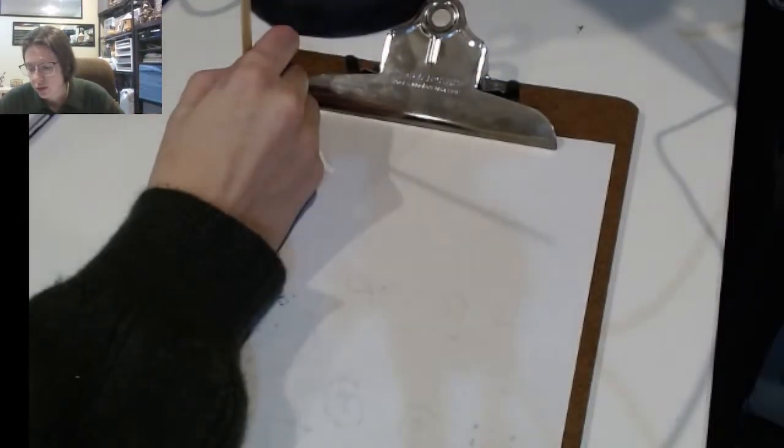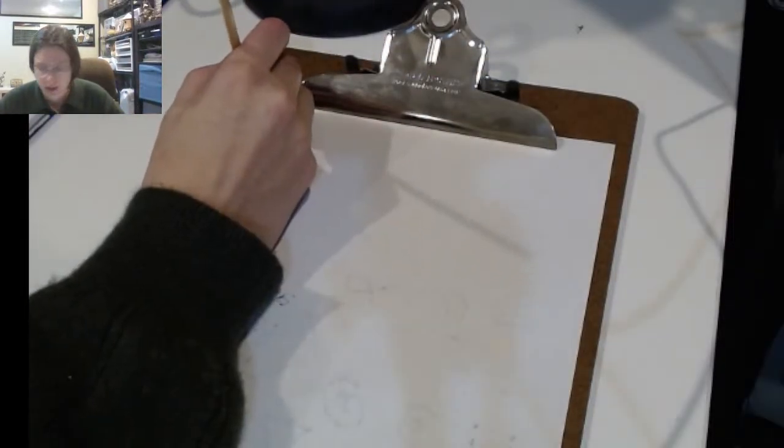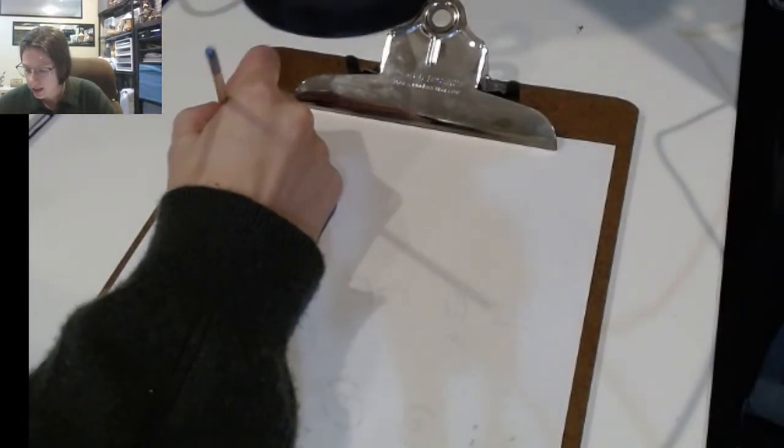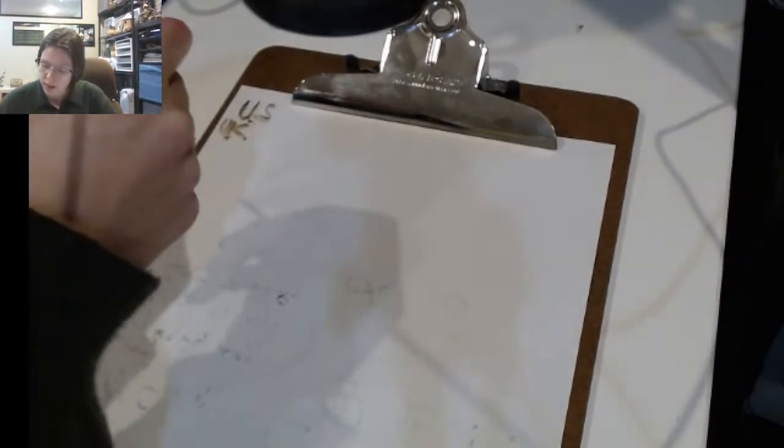So a lot of countries have two-letter abbreviations. So US stands for United States. UK stands for United Kingdom. Other countries might have 3 letters or 2. I think AUS is Austria or Australia, one of the two.